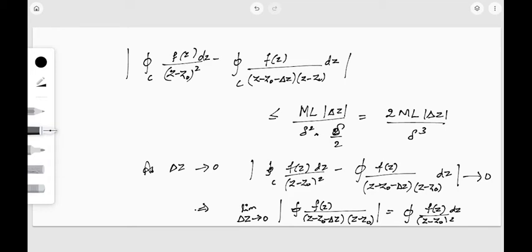Okay, so I have obtained that limit delta z tends to 0 integral over c f of z by z minus z dot minus delta z into z minus z dot is equal to integral over c f of z by z minus z dot square into dz.